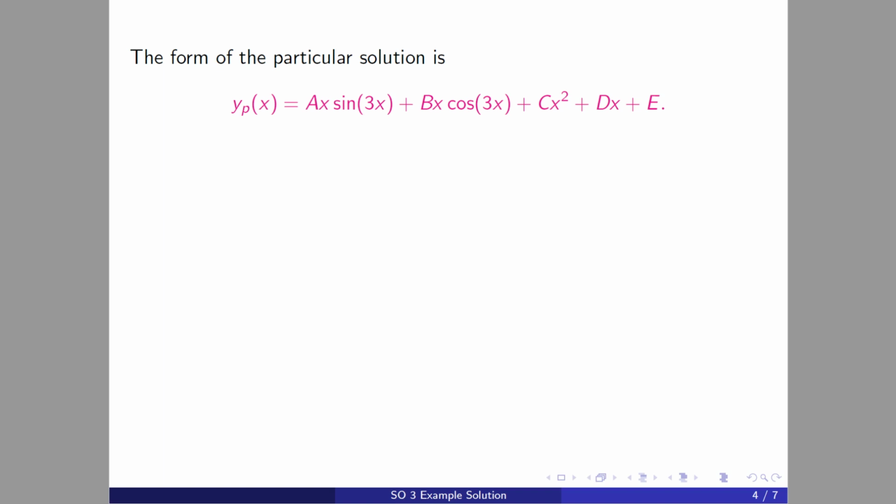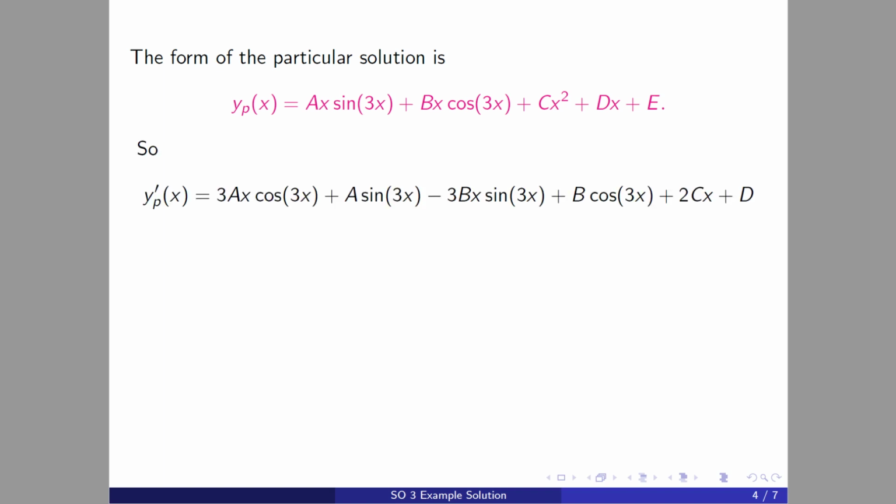Now, we need to find a, b, c, d, and e to finish out our answer, and the only way to find these is to plug this particular solution into our original equation. So to do that, we'll need the first derivative and the second derivative. The first derivative uses the product rule on ax sine of 3x and bx cosine of 3x, producing 3ax cosine of 3x plus a sine of 3x, and negative 3bx sine of 3x plus b cosine of 3x, and then just the power rule on the rest, producing 2cx and d.